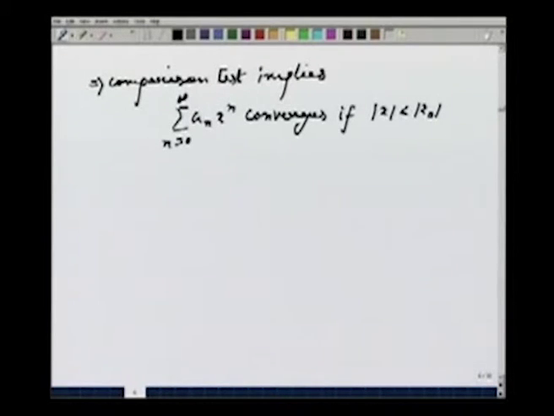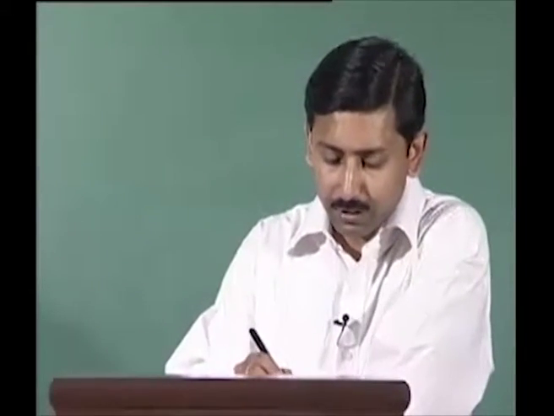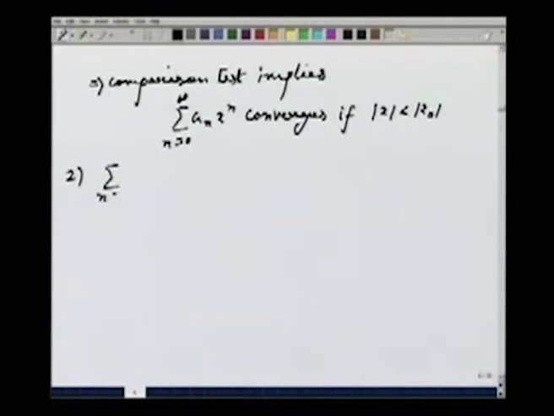Okay. Now let us go to part 2. It says that if at some point x1 it diverges, then for mod x bigger than modulus of x1, the power series diverges. So let me write down the hypothesis first. The given hypothesis is summation n from 0 to infinity a n x1 to the power n diverges.